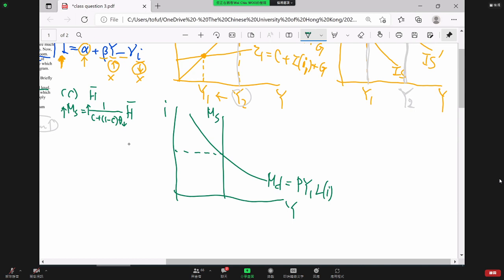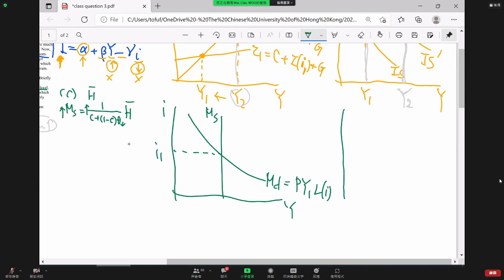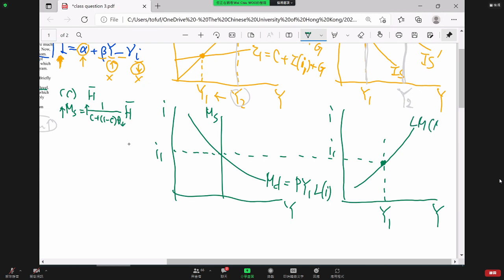This interest rate makes the money market in equilibrium. So when you have the output at Y1, this interest rate can make the money market in equilibrium, and you have an LM curve passing through it. This LM is conditional on this MS, right?